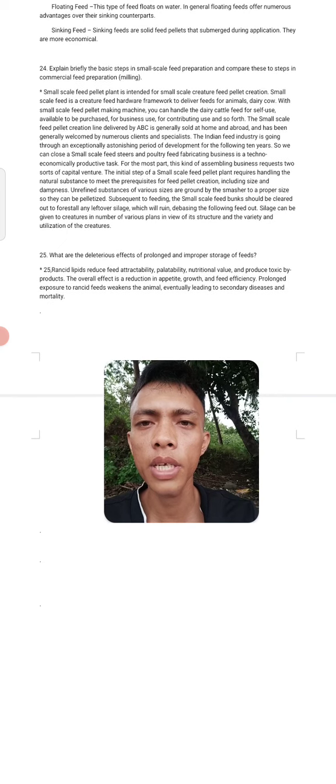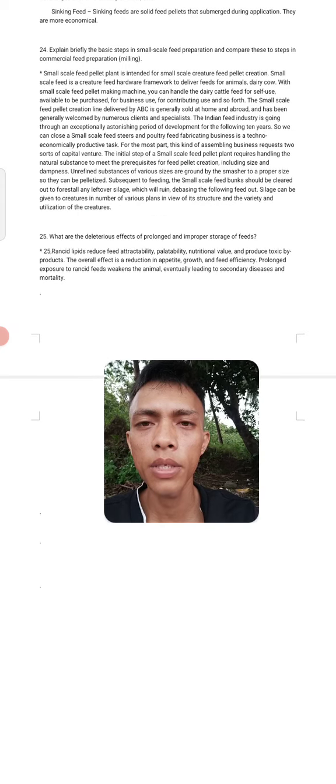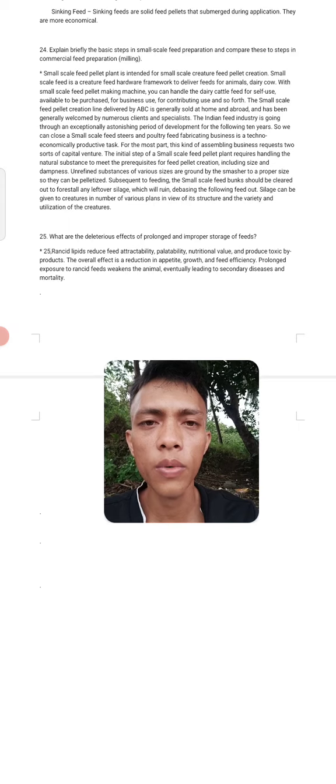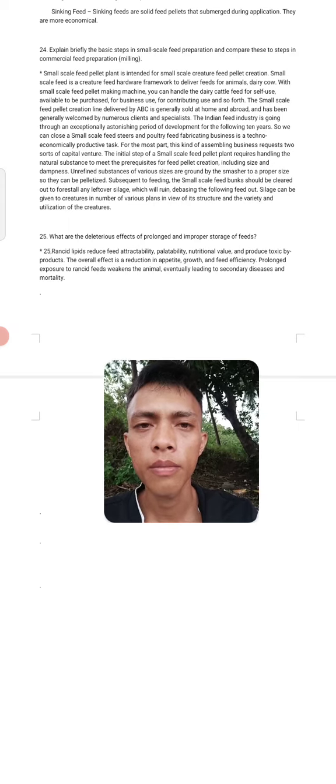With small-scale feed pellet making machines, you can handle dairy cattle feeds for self-use or for sale in business use. The small-scale feed pellet production line delivered by ABC is generally sold at home.